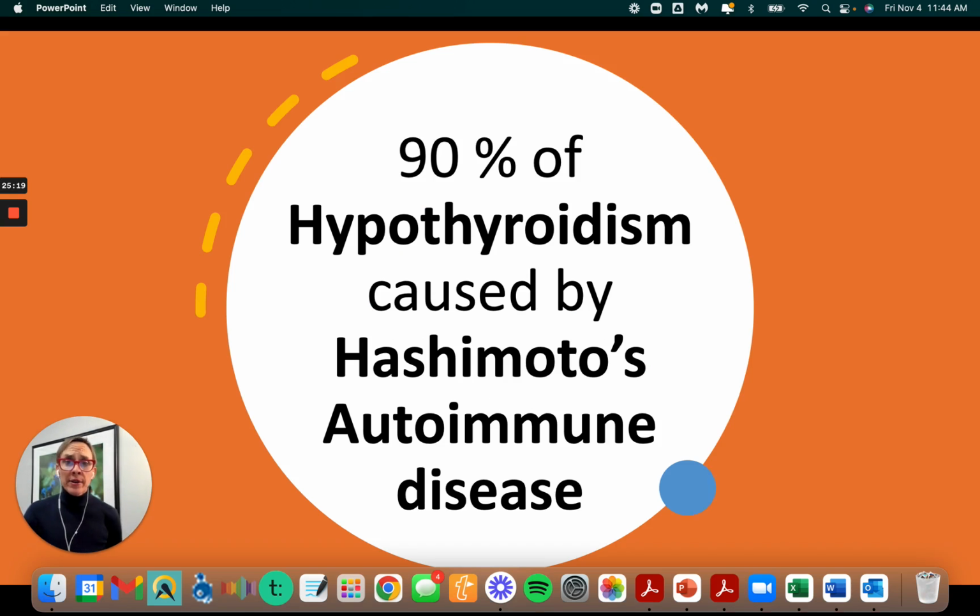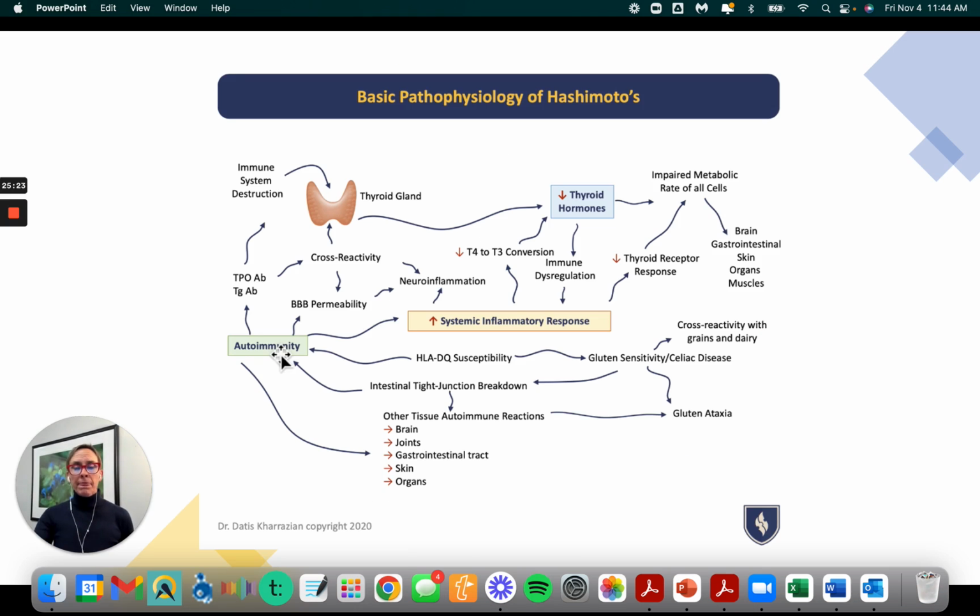90% of hypothyroidism is caused by Hashimoto's autoimmune disease. This is a busy slide. I'm not going to go into all the nuances of this, but this is the pathophysiology of Hashimoto's. Remember, Hashimoto's is autoimmune disease of the thyroid gland causing hypofunction, hypothyroidism.